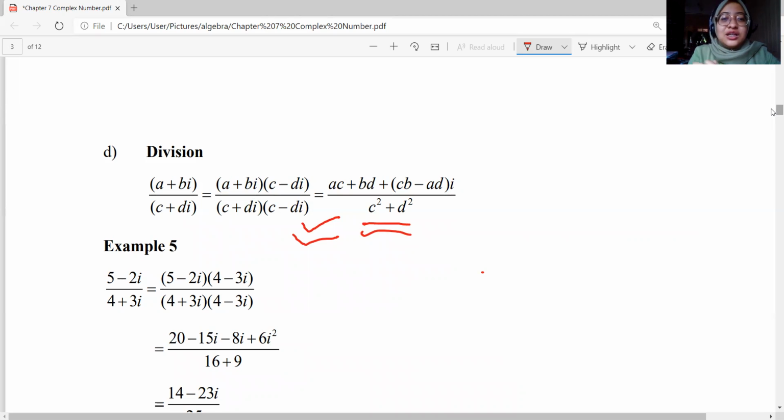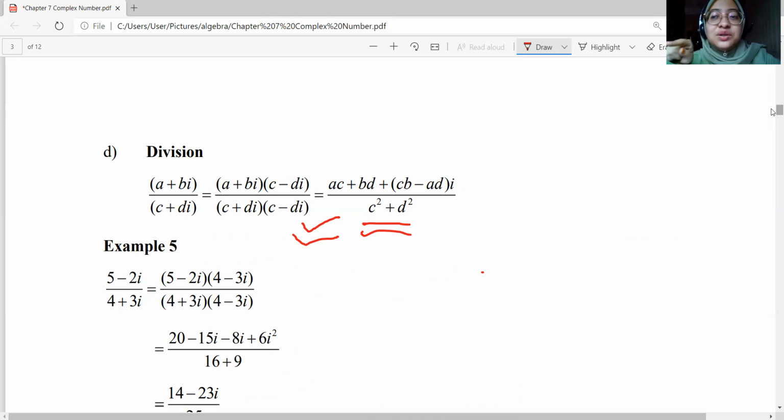So it doesn't mean that when we have a square root with a negative value we cannot solve it. But now you know that we can solve it by using the complex number theory, by using the imaginary number. Okay, so that's all for today.